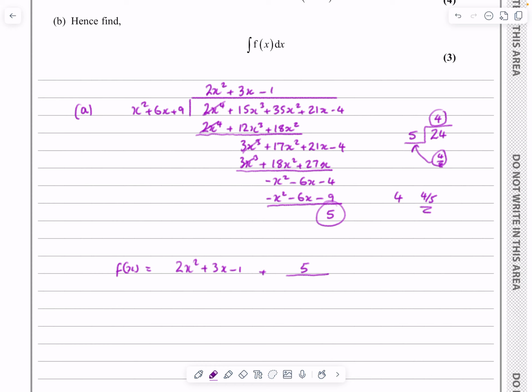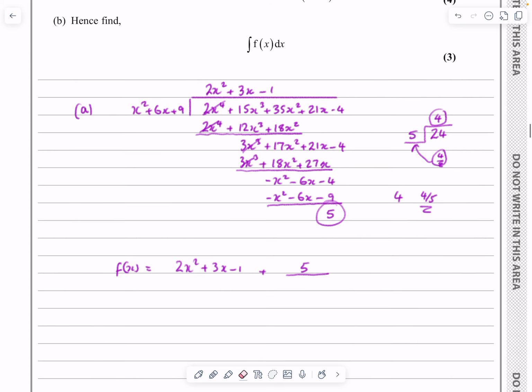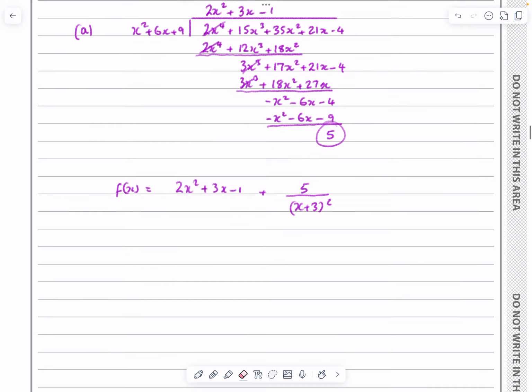We wrote down 4/5 there, so we're going to write down 5 over, well, you could start off with x squared plus 6x plus 9, but actually that wasn't given to us in the question, so I'm not going to leave it like that. It was (x plus 3) all squared, so that's how I'm going to have my part written down. Okay, so if we compare that to the answer, it's in exactly the format that we wanted there, so we can work out what A, B, C, and D are.